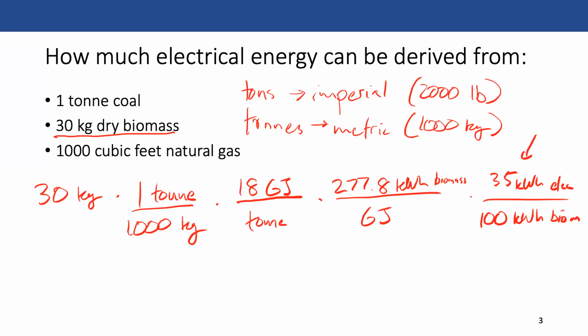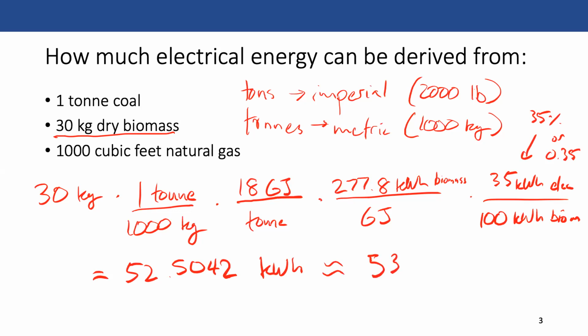And this is the same thing as just multiplying it by 35% or 0.35. And so this results in 52.5042 kilowatt hours, which I would report as about 53 kilowatt hours.